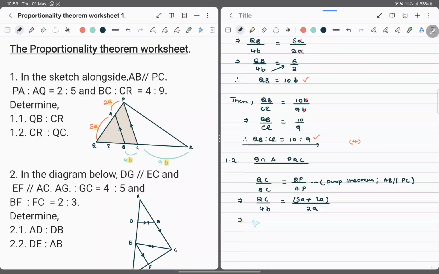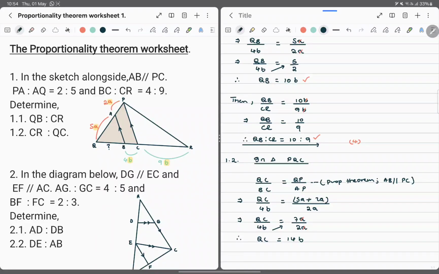So this also implies that QC over 4B is essentially 7A over 2A. Now the A's do us the honors of dividing to an invisible one, and after that we cross multiply. So we'll see that QC is going to be equal to, when we multiply by 2 there, 14B.